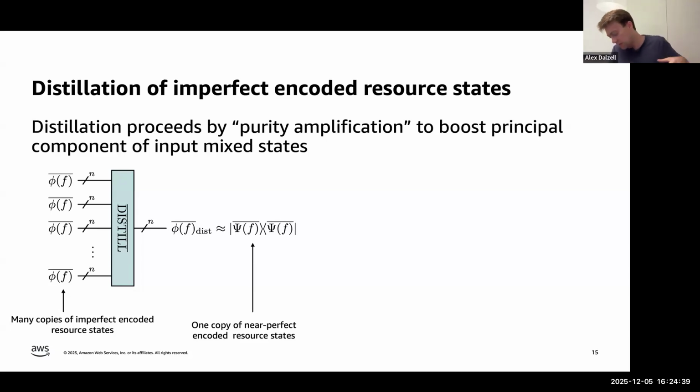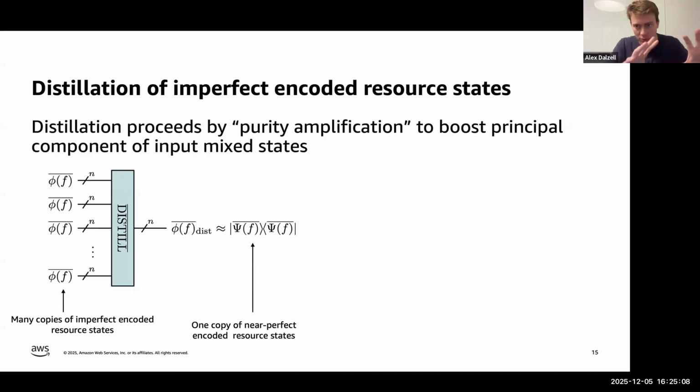We can think of the physical device that prepares a physical resource state, combined with the encoding step, as preparing a mixed state whose highest component is the state we want, but it has other states which are created by errors in those two processes. And so if we can distill away those errors, if we can purify this state, we will have obtained to high fidelity the state that we wanted to teleport into our computation.